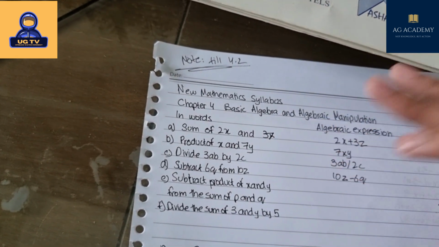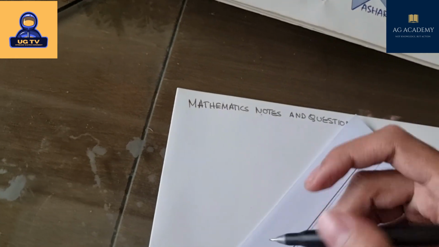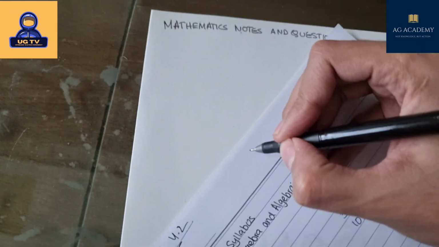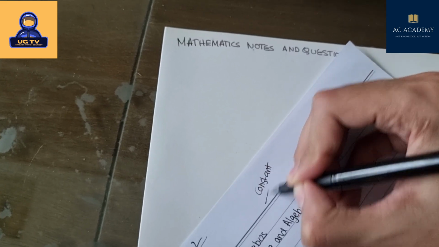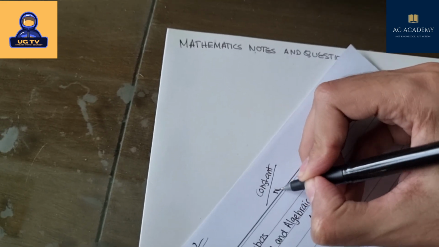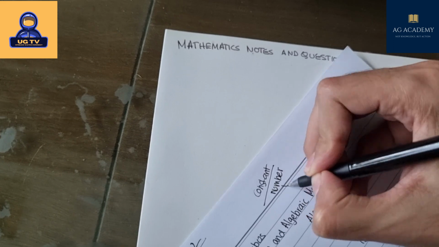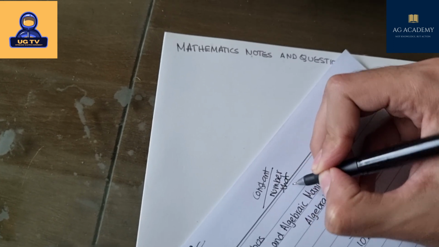An algebraic expression basically consists of two basic things that you need to understand. Number one, you need to understand what a constant is. A constant is a number, or a value, that does not change.